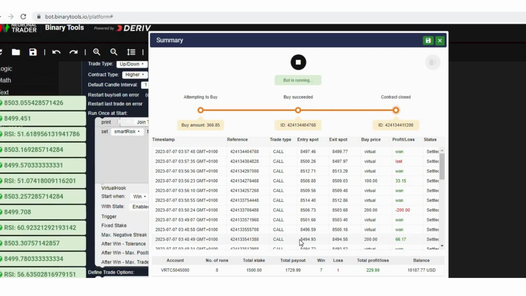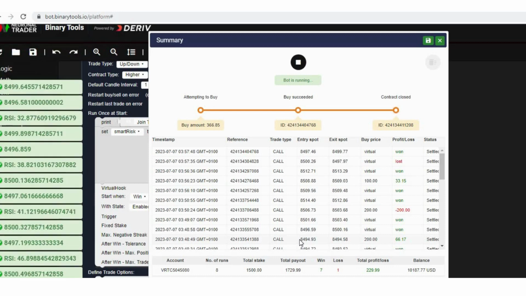In fact, if we did not add the virtual hook and we only traded in the account and used proper martingale, let's say we began trading with 0.35, that's the least you can trade with on Deriv, we would still have our account secured.